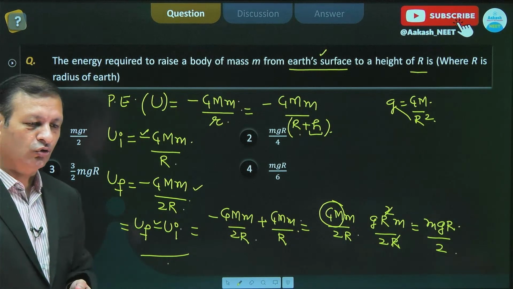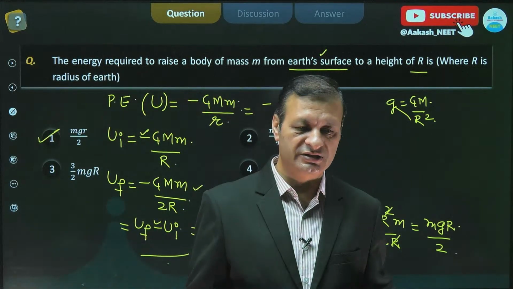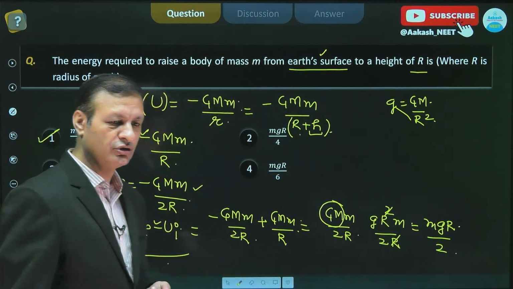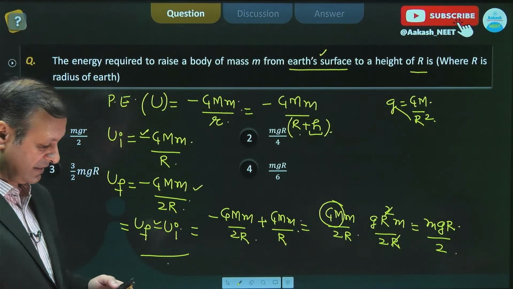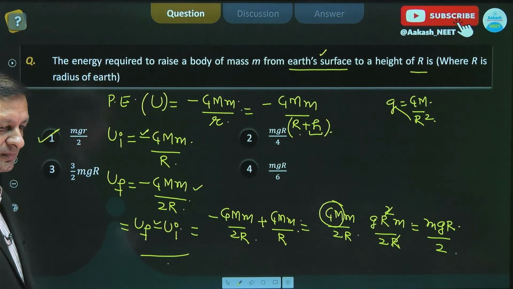So we will not go with the total energy, because kinetic energy is not there, as the body is at rest, stationary. So we are talking about potential energy. Body is not in motion. So there is no kinetic energy involved. So let's move on, I hope you have understood it, Raj.